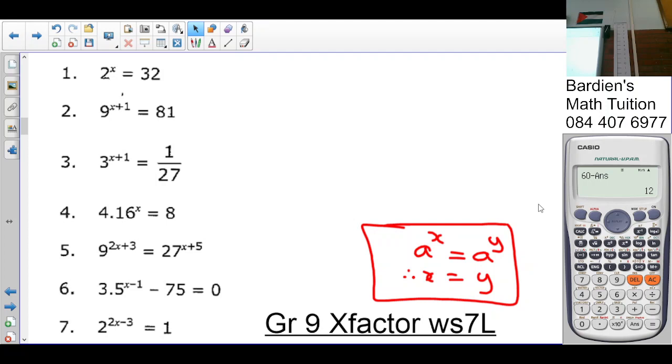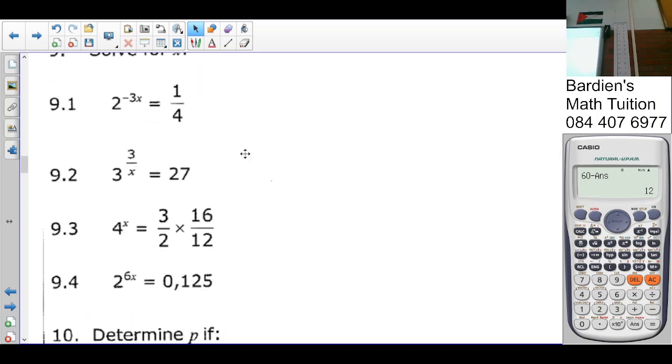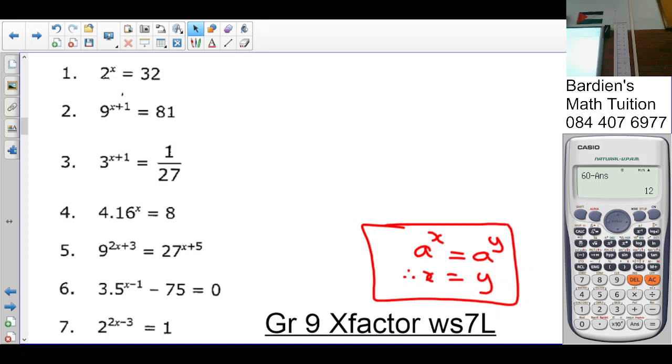Guys, done with the first one? Okay. Number 1, you got 2 to the x equal to 32.